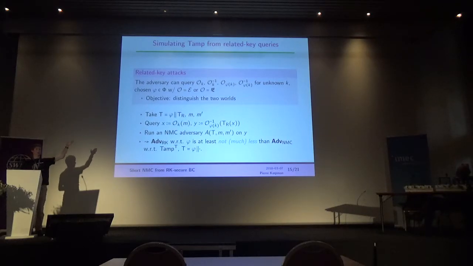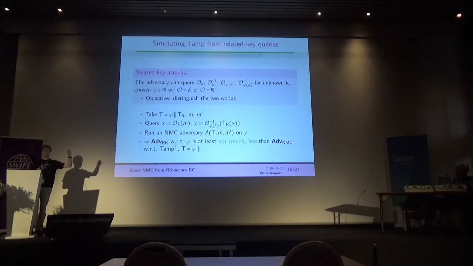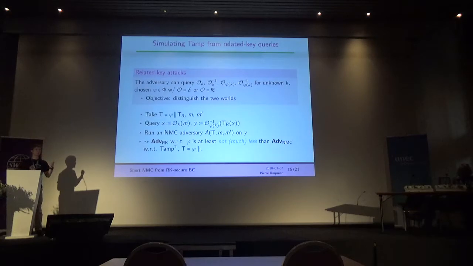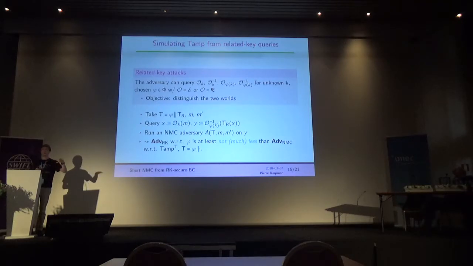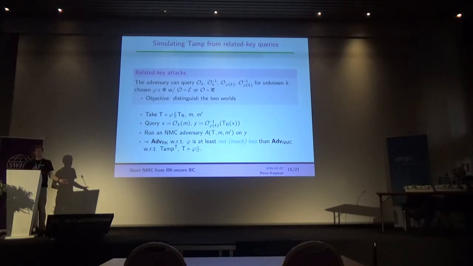You have access to an oracle. Here we consider a strong setting. You can encrypt and decrypt with an oracle with the key k and with the related key phi of k, for an unknown key k, of course. The related key function comes from some function set. In one world, this oracle is implemented by our real cipher E, and in the other, it's the ideal cipher, and the goal of the adversary is to distinguish between the two worlds.